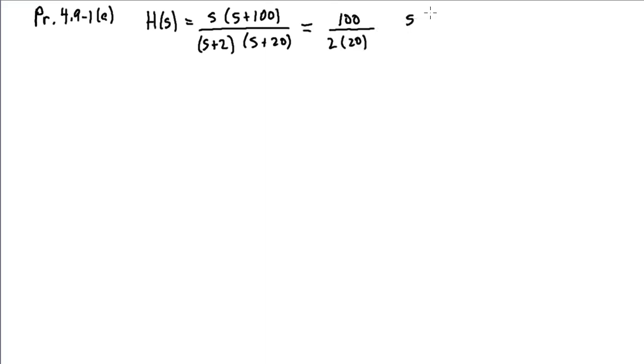And doing that, I can rewrite this as s over 100 plus 1, and then s over 2 plus 1, and finally s over 20 plus 1. Okay.